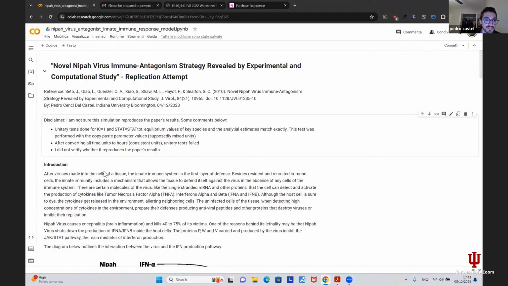First of all, I give an introduction. Nipah virus is a very deadly virus. If it infects you, it has at least a 40% chance of killing you, and it goes up to 75%. It causes encephalitis, which is brain inflammation.